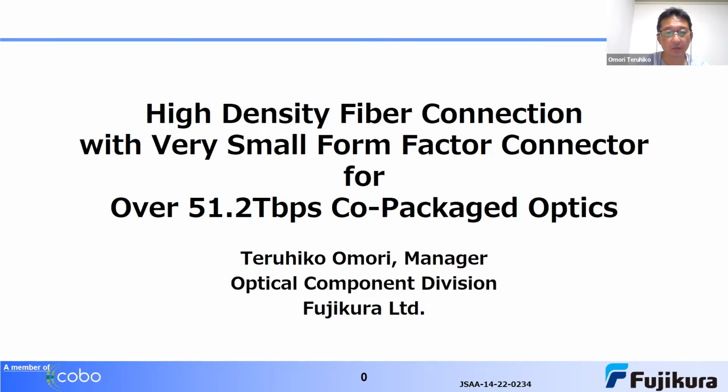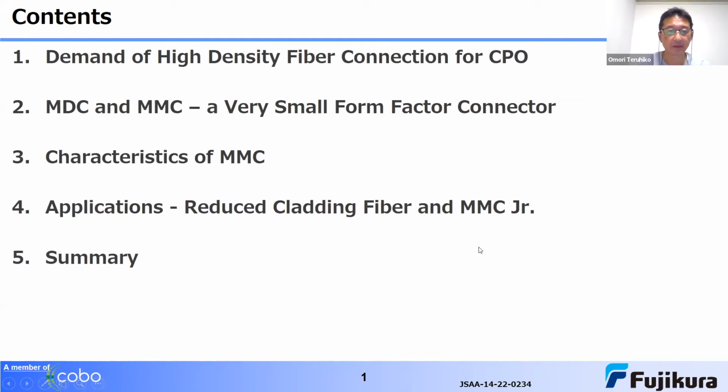I'm Teruhiko Omori, manager at the Optical Component Division of Fujikura Limited. Today, I'm talking about high-density fiber connection with very small form factor connectors for over 51.2 terabit co-packaged optics. This slide shows today's agenda. First, demand of high-density fiber connection for CPO.